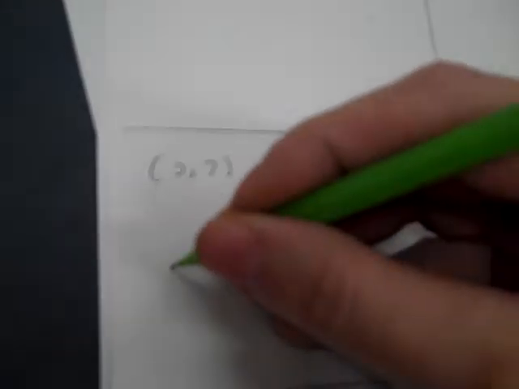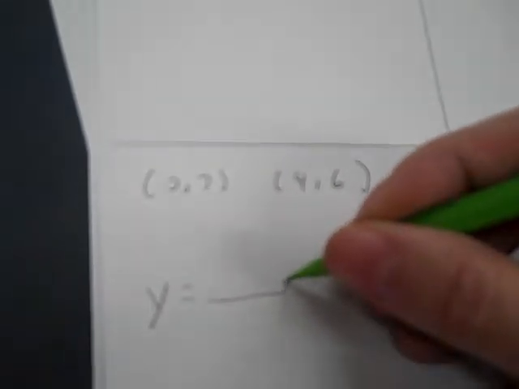So the equation, y equals blank x plus blank. This is the m blank, this is the b blank. So I need to find the numbers that m and b are. Again, this time they don't tell me the m, so I need to use y minus y divided by x minus x. And then for the b, I use y equals m dot x plus b.